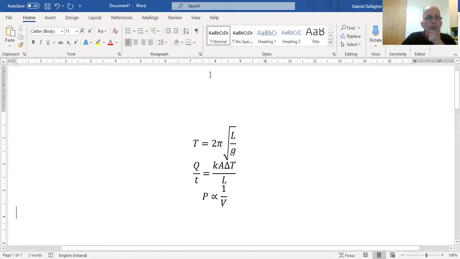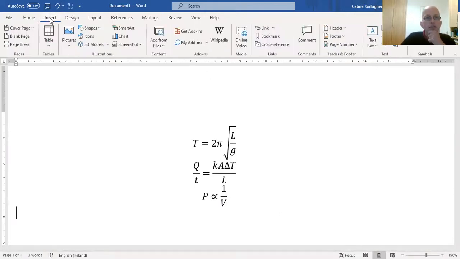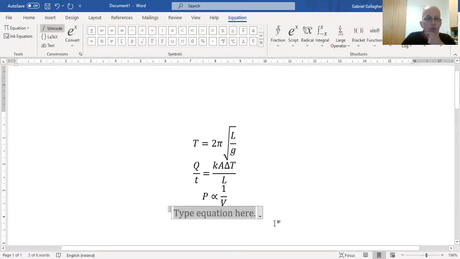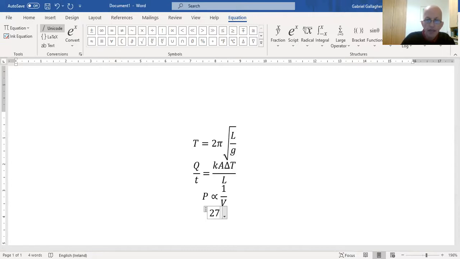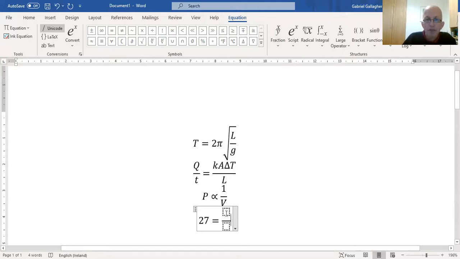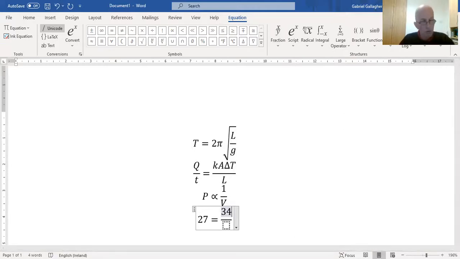The final example is a calculation one, just numbers and one unknown letter. On the left-hand side, if I stick to the example that I showed you on the board, it was 27 equals. The right-hand side was a fraction with a product on the top and the bottom line. So we will generate the fraction first and then put in the product on the top line, which in the original is 34 multiplied by 13.